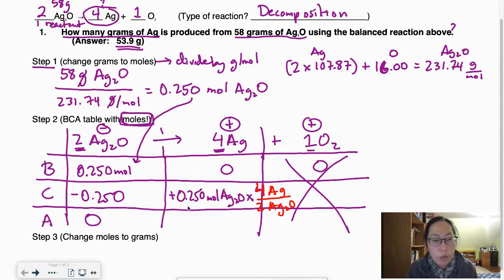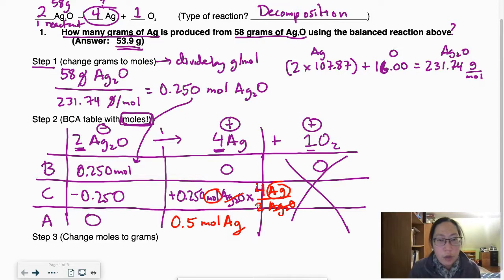And so if we take 0.25 and then multiply by 4, divide by 2, well, I think you guys can recognize that 4 divided by 2 is just 2. So if we take 2 times 0.25, we get 0.5 moles of Ag, right? We now have Ag because this canceled out here, and we now have moles of Ag.